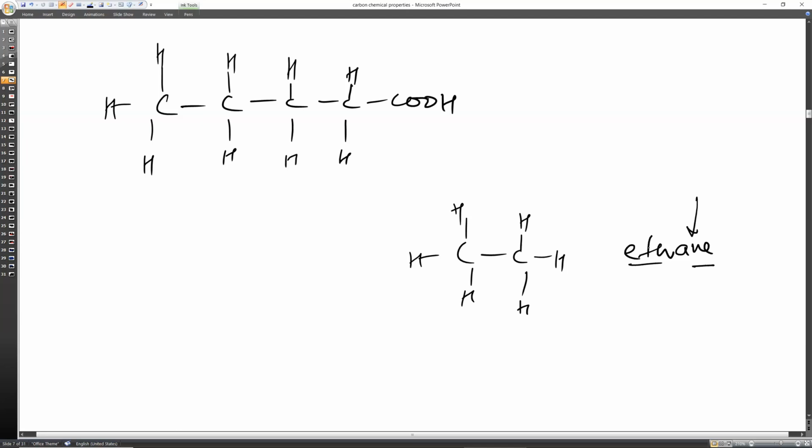Like we have this compound, if I write its name, there are 3 carbons, so prop. There's a double bond between carbon atoms, so it is prop-ene. ene we have to use. Got it?